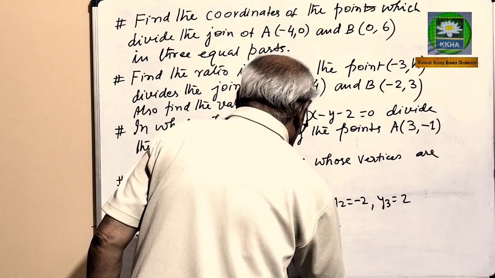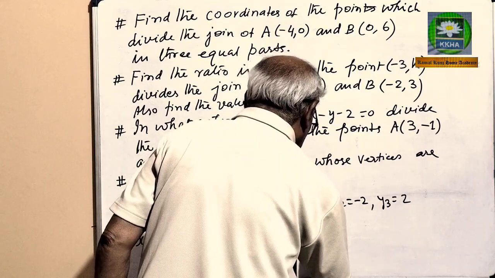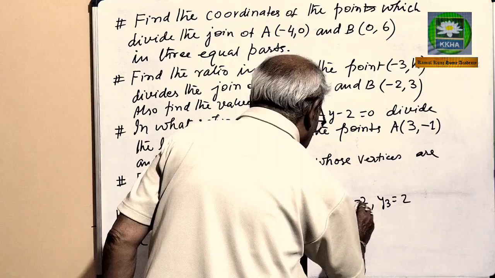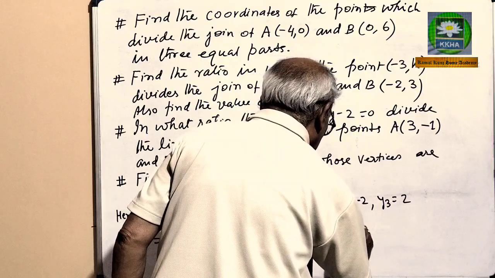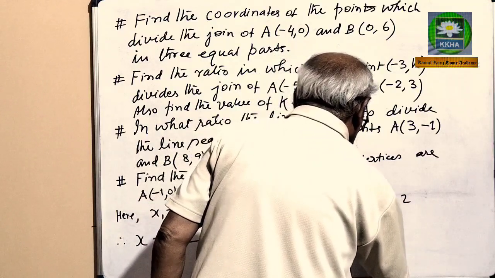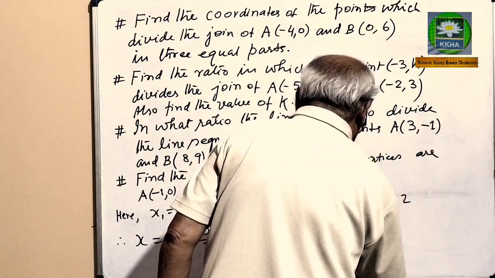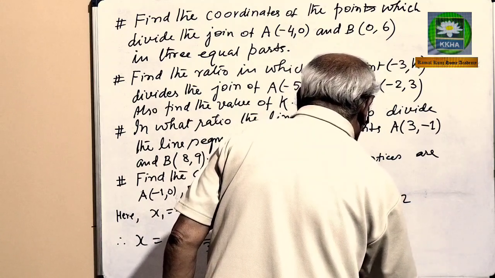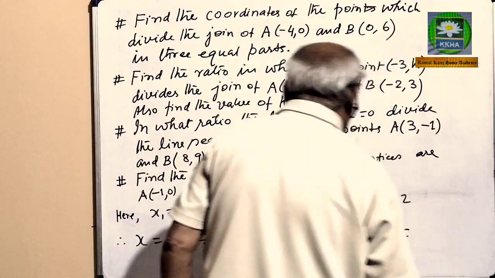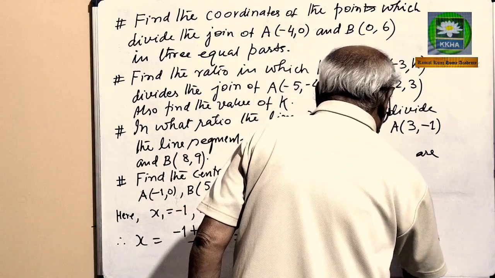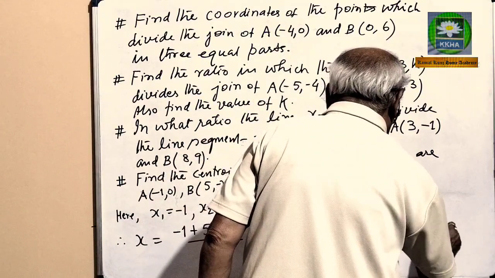And y equal to y1 is 0, y2 is -2, y3 is 2 upon 3. So this is equal to 0 upon 3 equal to 0.